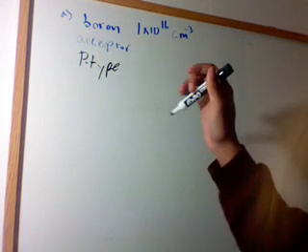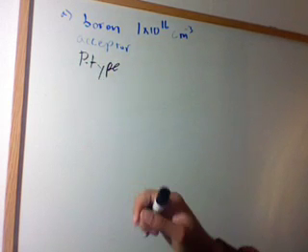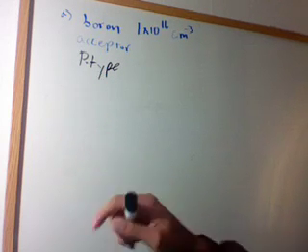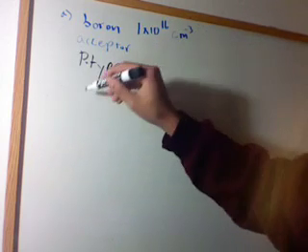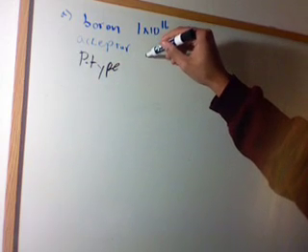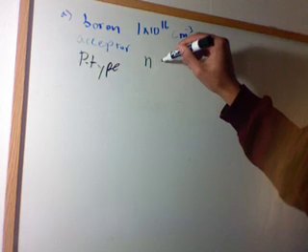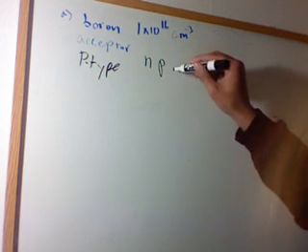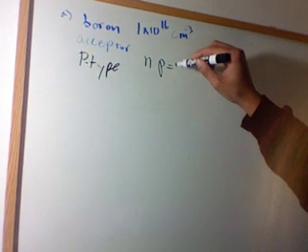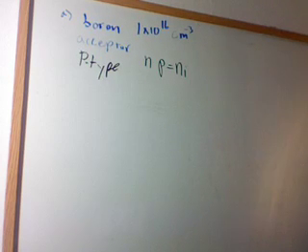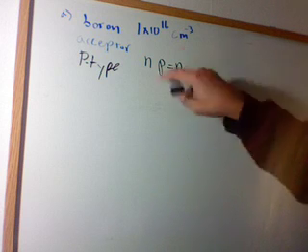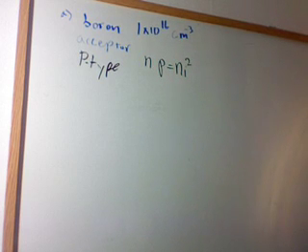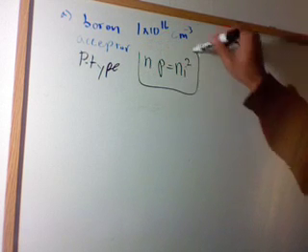Now, this becomes actually pretty easy. You're trying to find the carrier concentrations, N and P, right? So you want to find how many mobile carriers, and N times P is equal to the intrinsic carrier density squared.